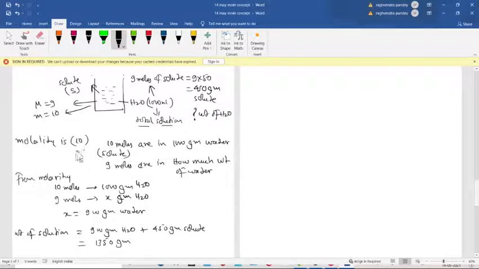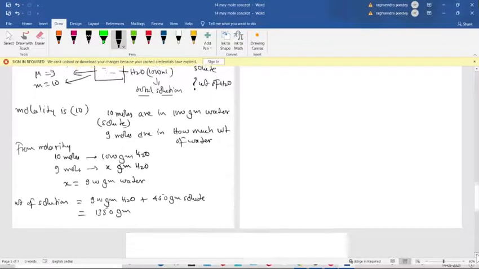As the molality is 10, 10 moles are in 1000 grams. So 9 moles are in how much weight of water? Here we can calculate: 10 in 1000, so 9 in 900 grams. So water is 900 grams and the weight of solute is 450 grams, that is your 1350 gram.